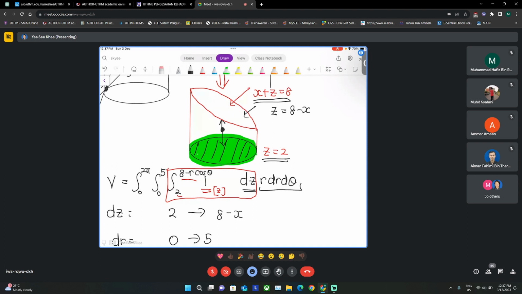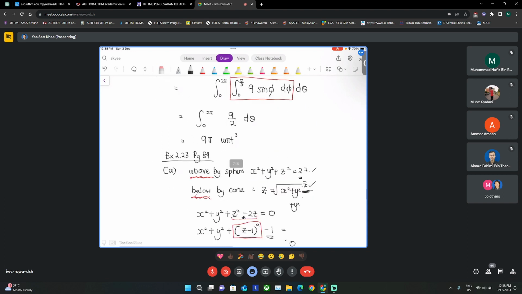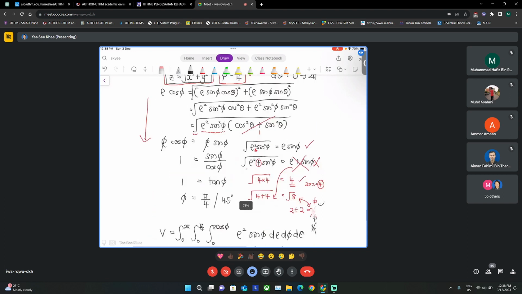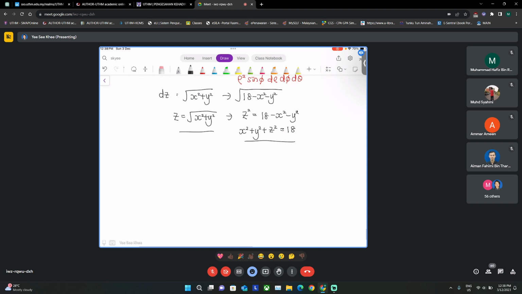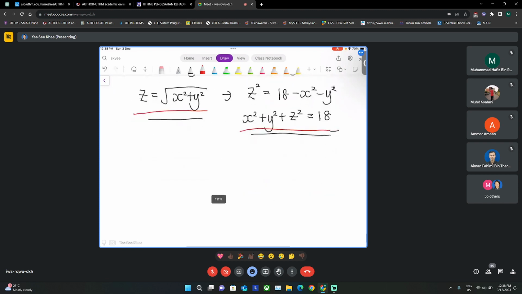When you look up, you see what surface? When you look down, you see what kind of surface? This is how the dz is derived. Same as the question over here. When you look up, you see a sphere. When you look down, you see a cone. So this is your region.